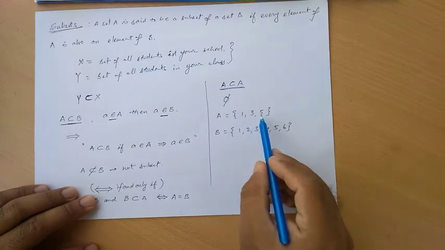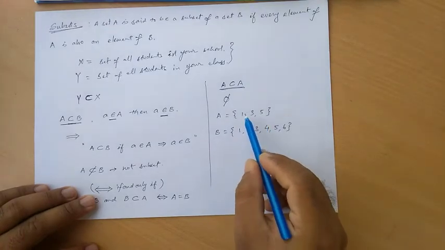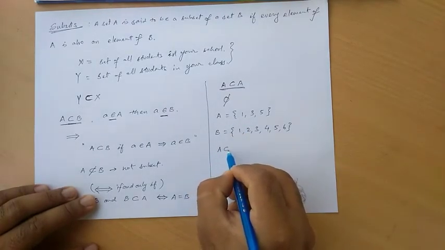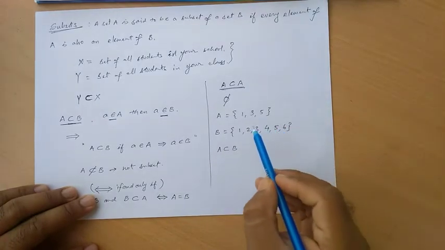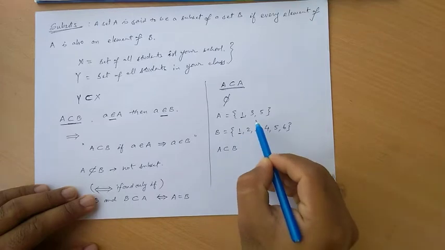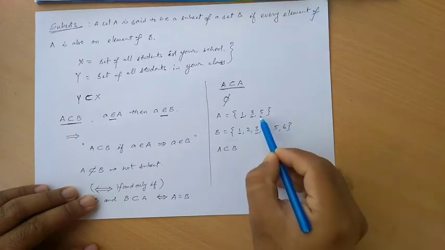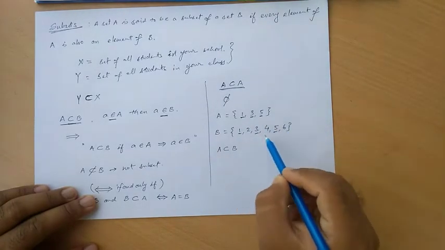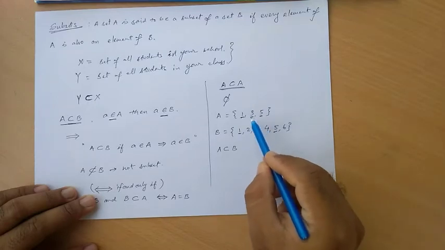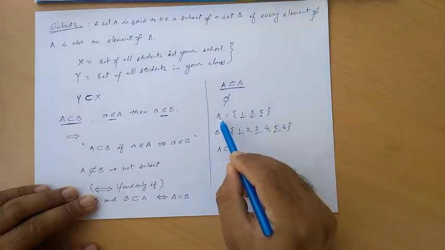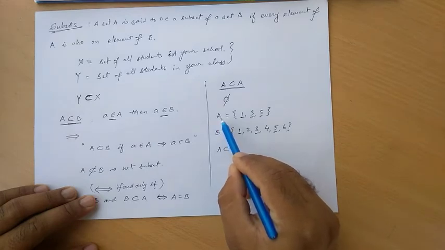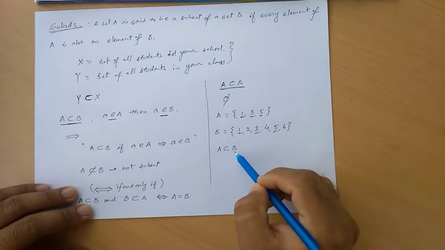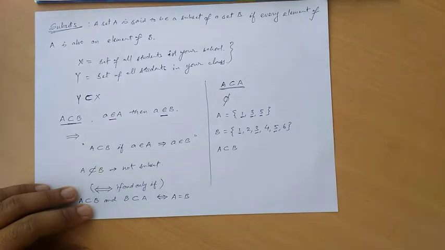By looking at these two sets, I can infer that A is a subset of B, as 1 is here and also here, 3 is present here and also here, 5 is there and also there. All the elements which belong to A also belong to B. That's why A is a subset of B.